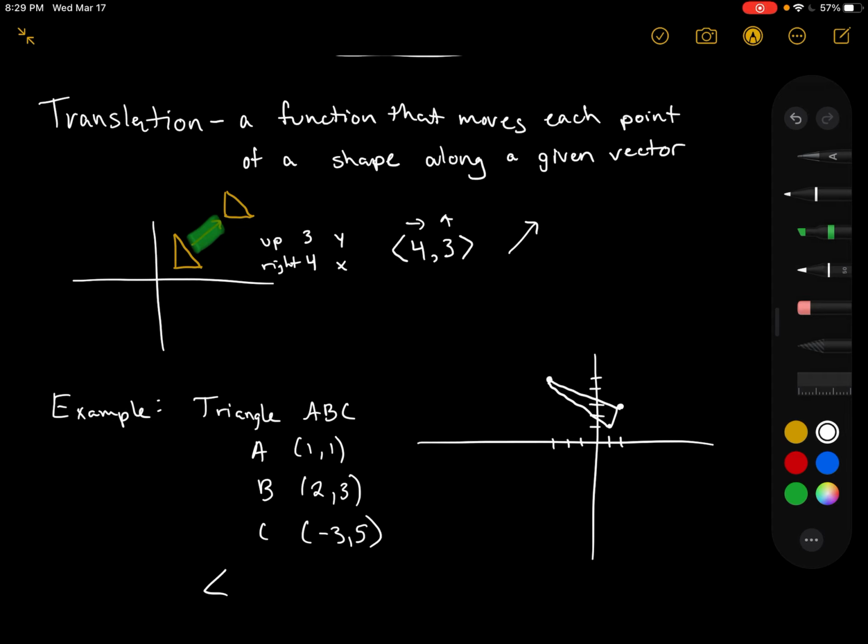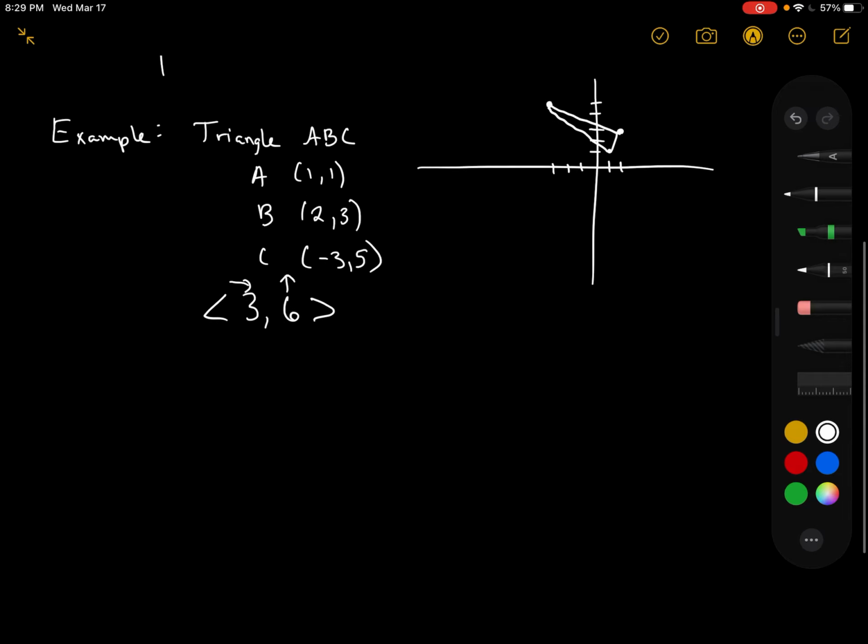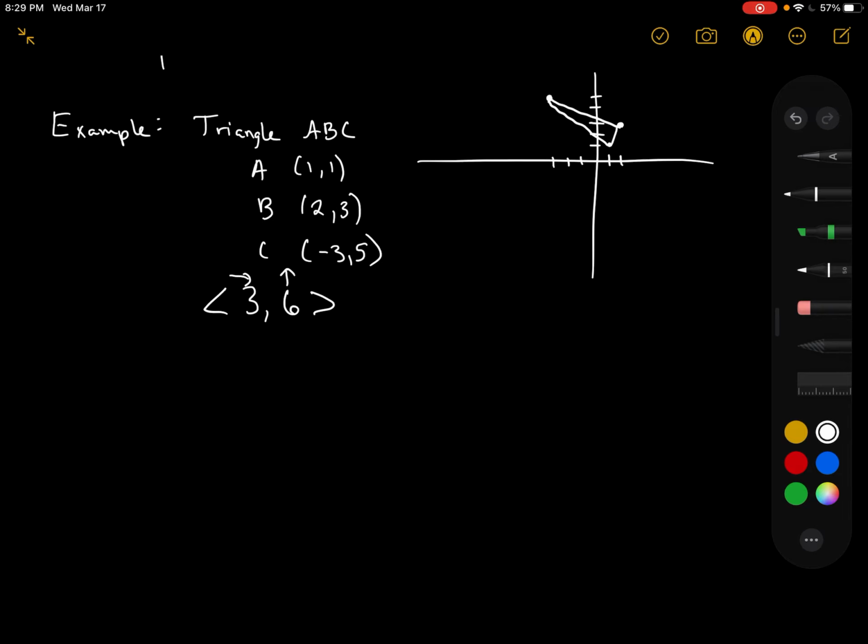Now that we have this triangle made, they're telling us that we're translating it on the following vector, which is 〈3, 6〉. So we're taking everything and moving it to the right by 3, and then we're also moving it up by 6. Instead of just guessing this on the graph, there's actually an algebraic way that we can solve for exactly where this new triangle belongs.